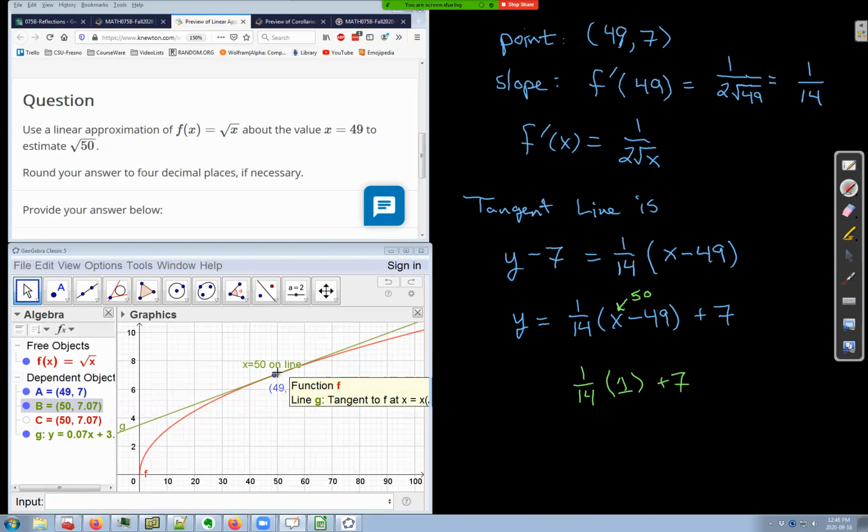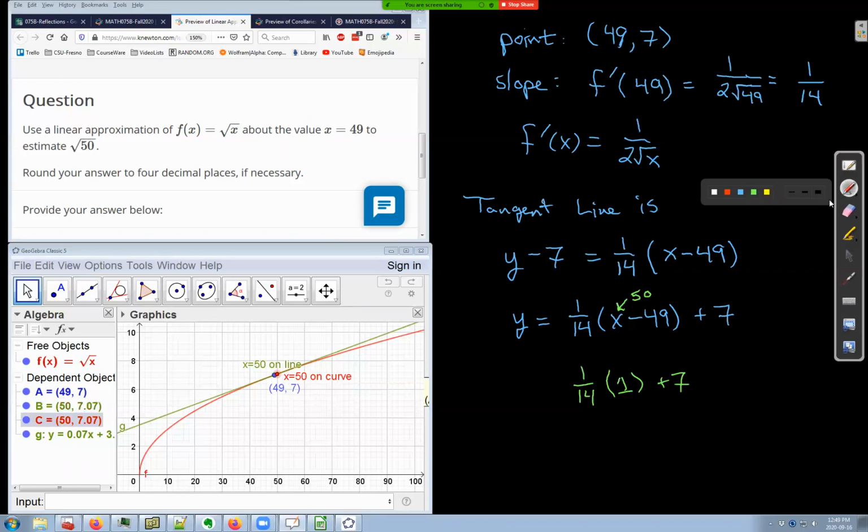And like we said at the beginning, the y coordinate of the green point is basically the same as the y coordinate of the red point, which is what we wanted.